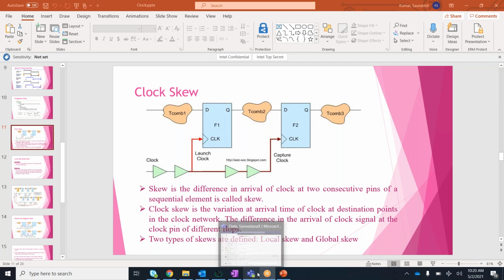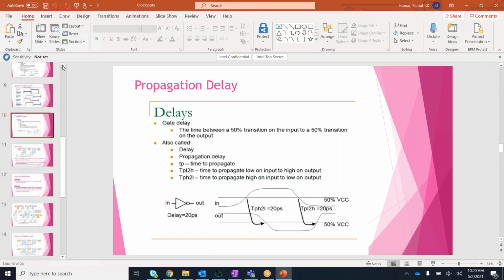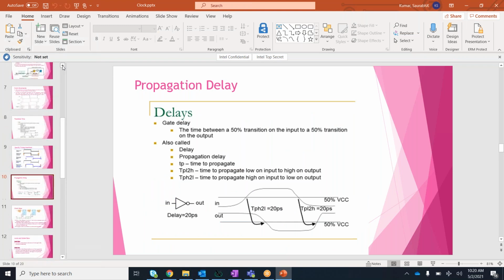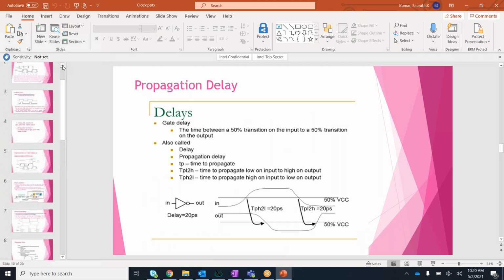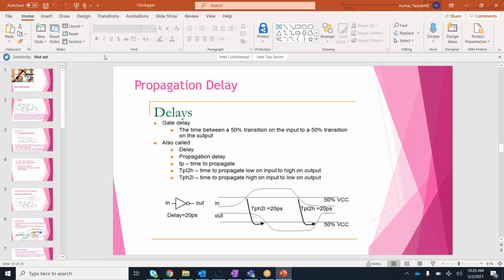So what are the clocks we can have in our design? We discussed a few clocks yesterday, right? Synchronous clock or asynchronous clock? Okay. What is synchronous clock and what is asynchronous clock?